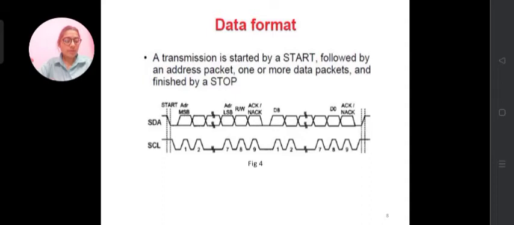Each data frame is immediately followed by an acknowledgement or not acknowledgement bit to verify that the frame has been received successfully. The acknowledgement bit must be received by either the master or the slave, depending upon who is sending the data, before the next data frame can be sent.